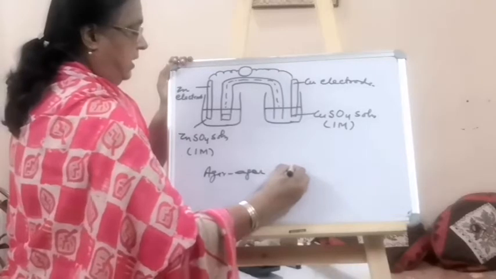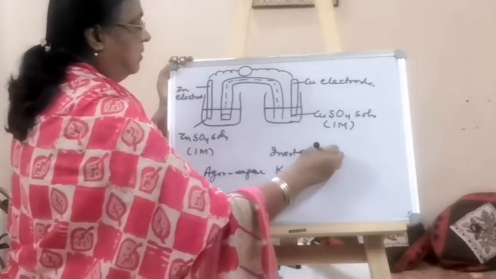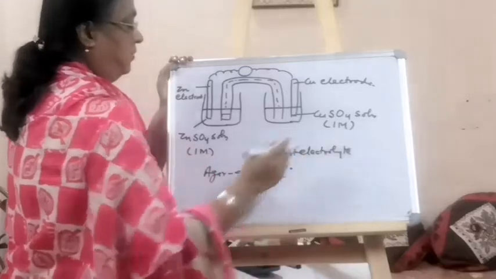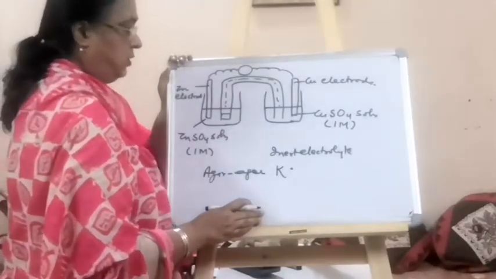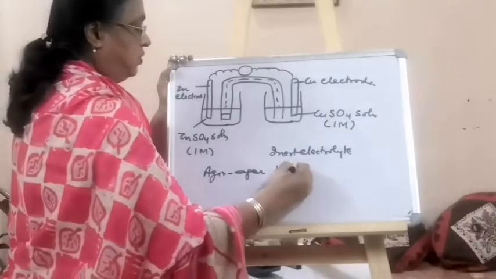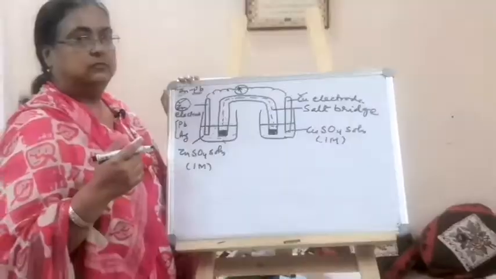Remember the word inert electrolyte. I will tell you later what inert means. An electrolyte, you understand, is one which dissociates into its ions, like potassium chloride, potassium nitrate, etc.